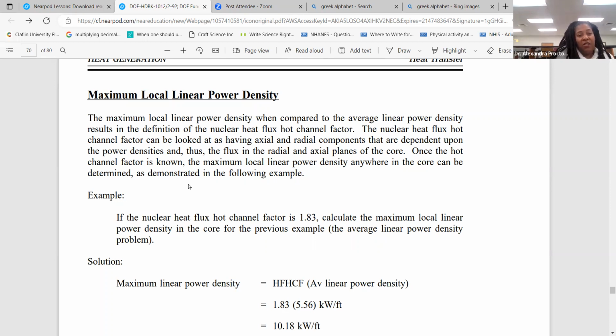Once the hot channel factor is known, the maximum local linear power density anywhere in the core can be determined, as demonstrated in this example. So if you have a nuclear heat flux hot channel factor of 1.83, calculate the maximum local linear power density in the core for the previous example.